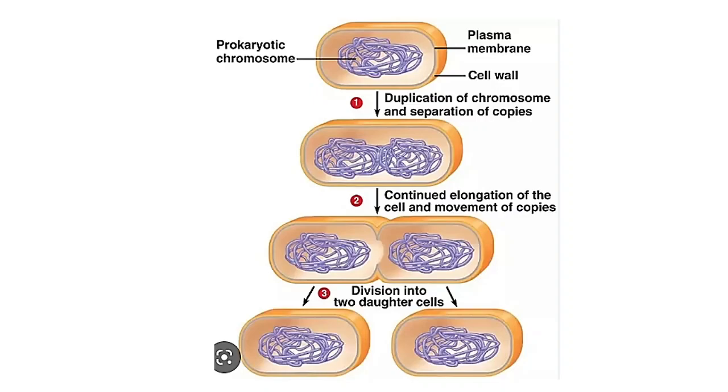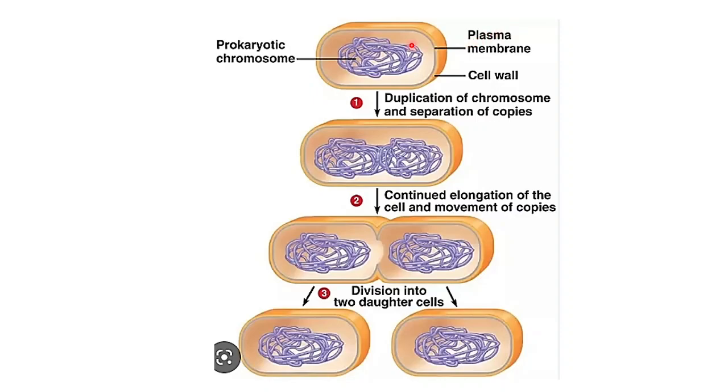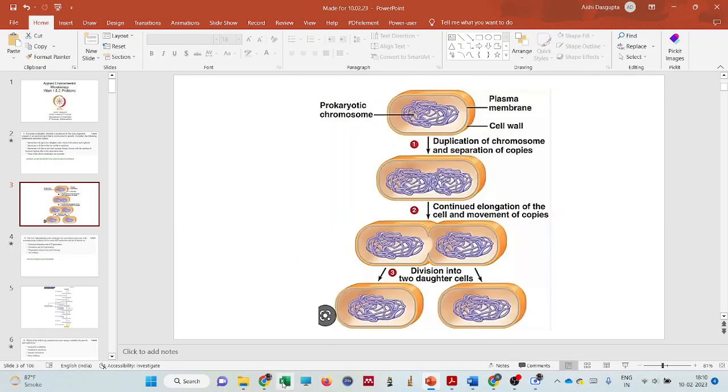This is how a prokaryote looks. This is a prokaryotic chromosome. Prokaryotes have a plasma membrane, and the prokaryotic chromosome duplicates inside the prokaryote, and after the DNA duplication has occurred, the cells divide.